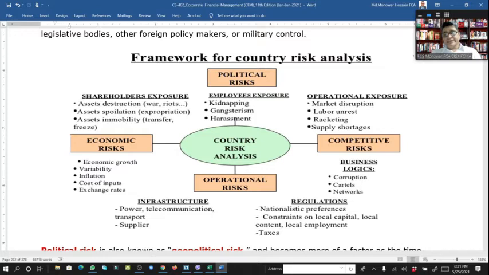Then the competitive, operational and economic risks: the shareholder exposure, how the assets are distributed, asset immovability, transfer fees.